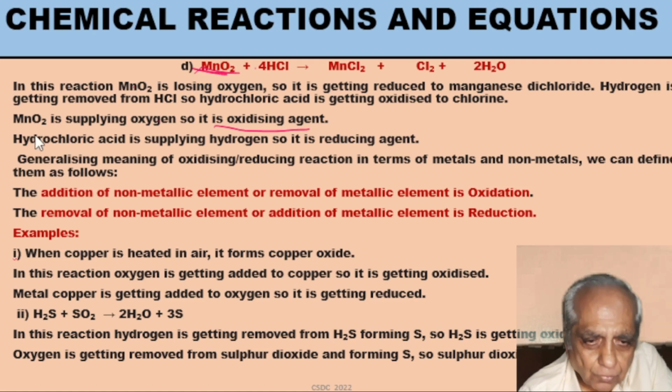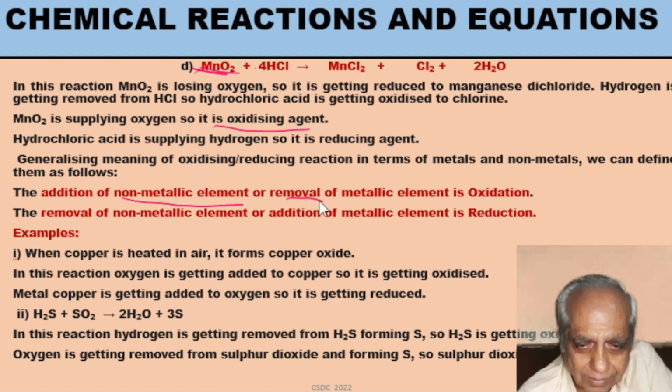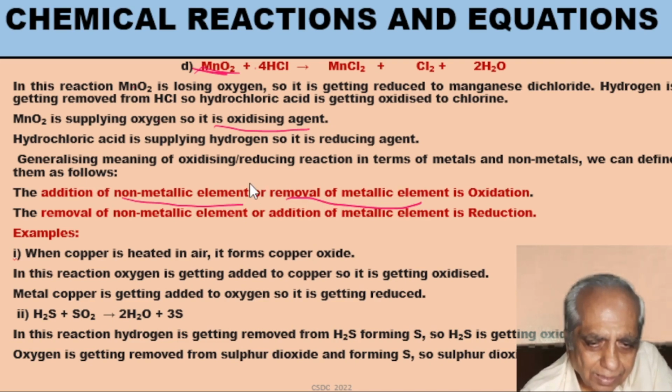Nowadays, instead of explaining in terms of oxygen and hydrogen, we say in general: addition of a non-metallic element, like oxygen, or removal of a metallic element is oxidation, and its opposite is reduction.